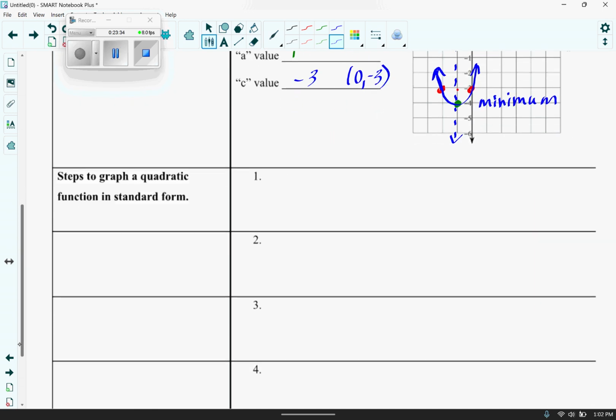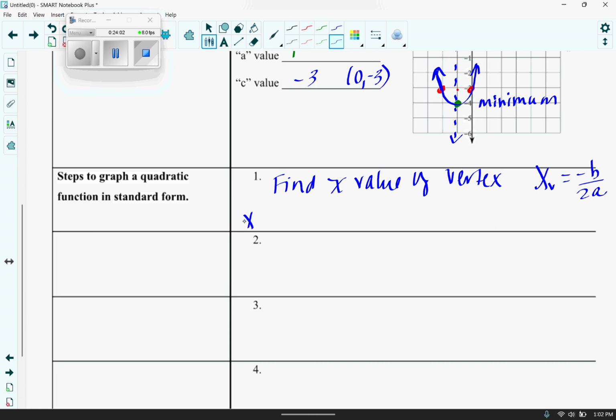So steps to graph a quadratic function in standard form. Okay, step by step. We got some basic things. We're going to first of all find the x value of vertex by doing x of the vertex is opposite of b over 2 times a.